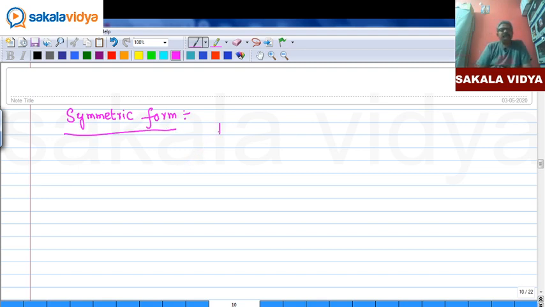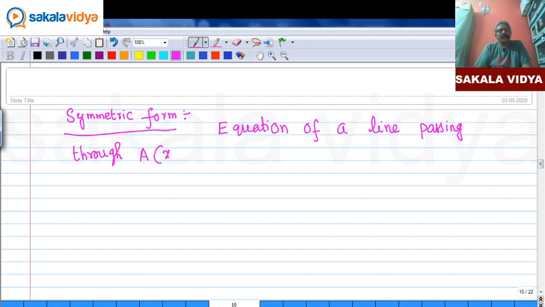Equation of a line passing through (x1, y1) and having inclination theta is.